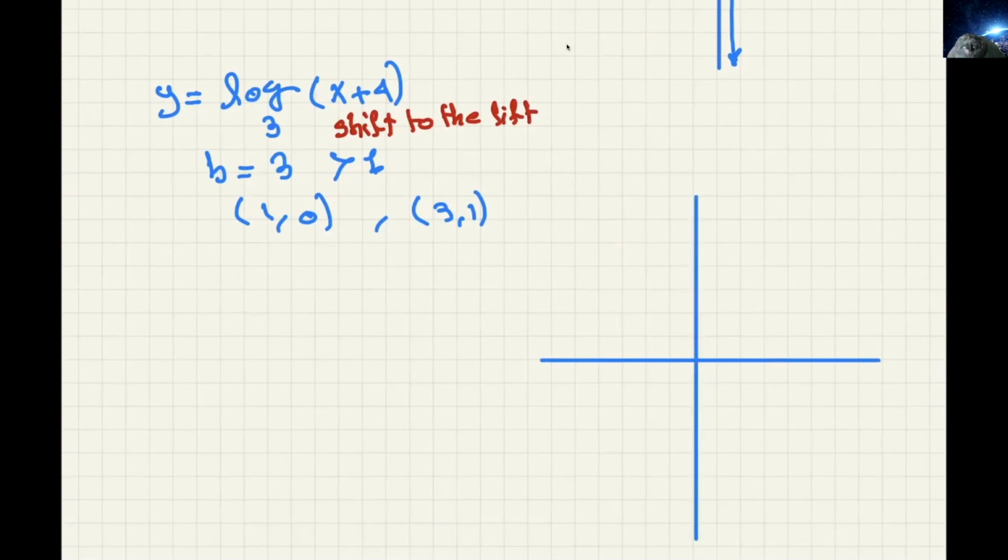And I have to define 1 and 0. So 1 and 0. And then 3 and 1. 2, 3, and 1. And then I graph the function. Let's do the green one here.